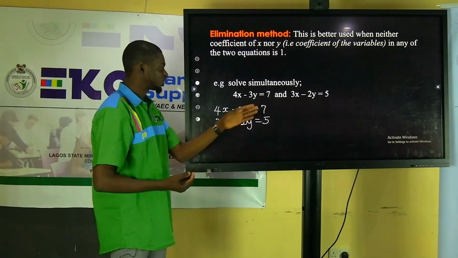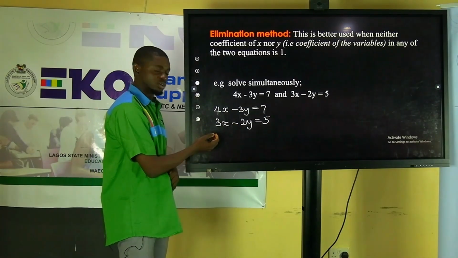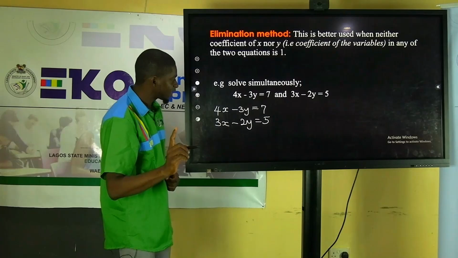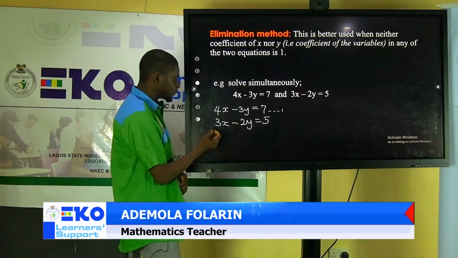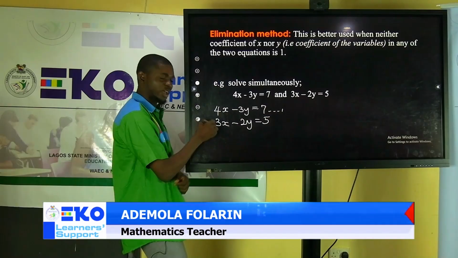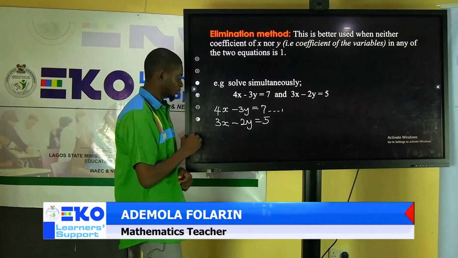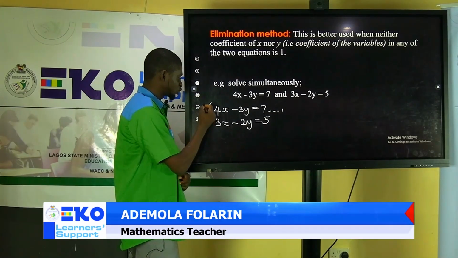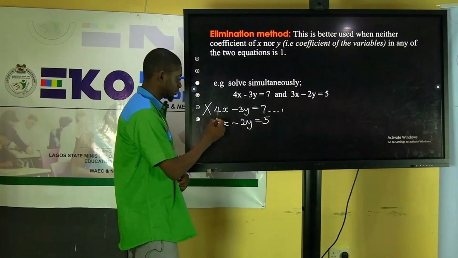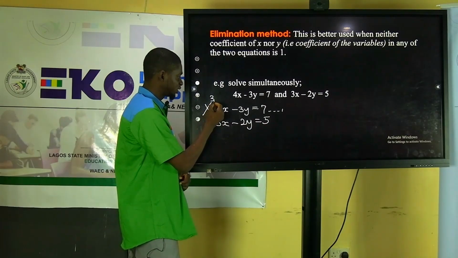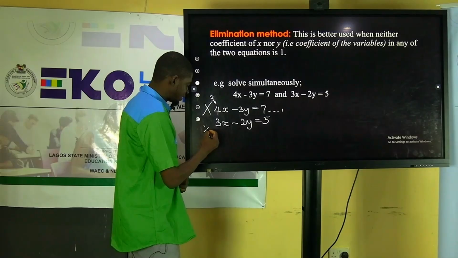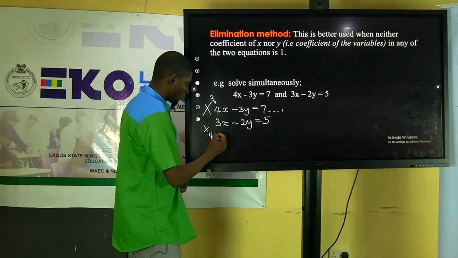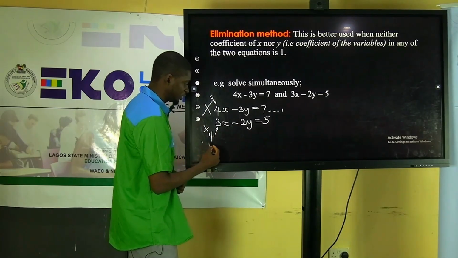Multiply each of these equations by the coefficient of the x. What am I saying? Look at this equation 1. Let's multiply it by the coefficient of x in equation 2. That is, we are multiplying through by this 3. We are using 3 to multiply this. And we are going to be multiplying the other with 4 so that we can have something new.